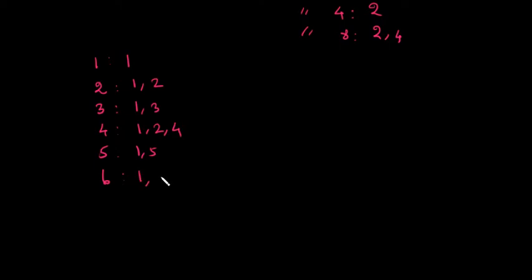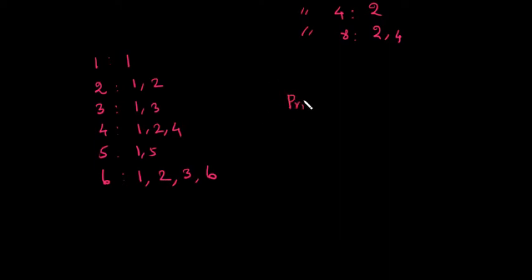Okay, so 2 is also a divisor, and 3 is also a divisor, and the same number 6 is also a divisor. So you can keep on writing the divisors of any number, but you know what is the prime number?